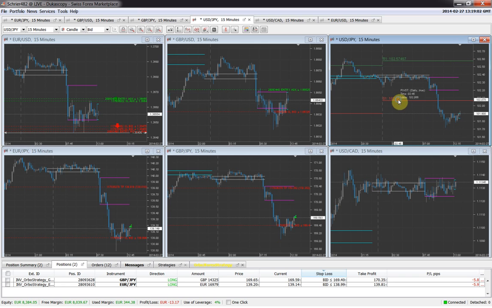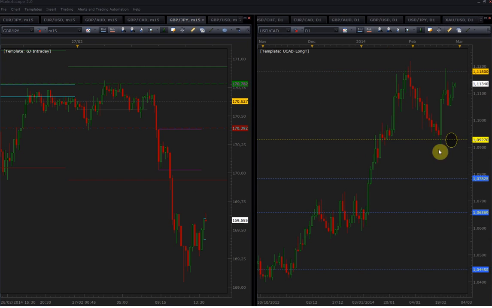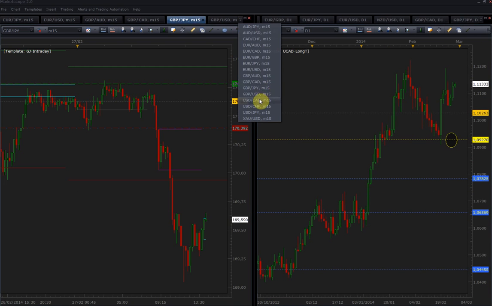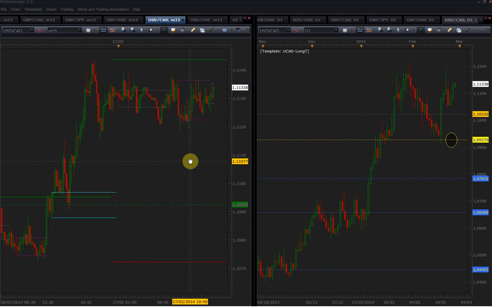Okay. Let's see what happens. It triggered a long entry. Dollar CAD is not a bad long either.